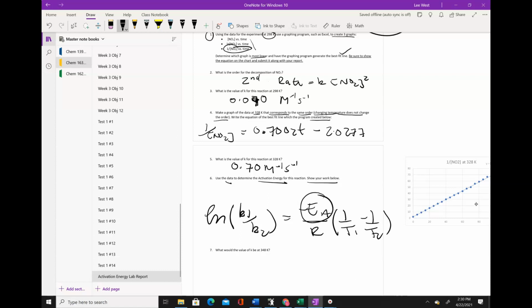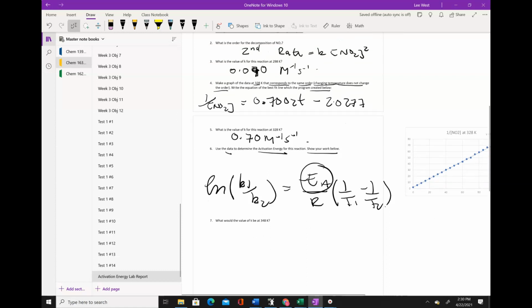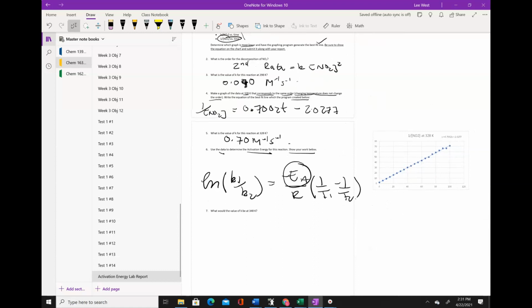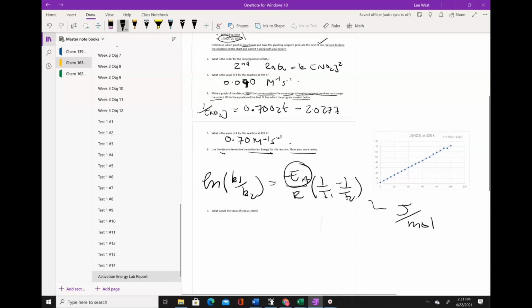Now we can do that because we've got 2 k's at 2 different temperatures, right? So that should be pretty easy. Remember that this is going to give you the activation energy in joules per mole. You probably want to convert it to kilojoules per mole.